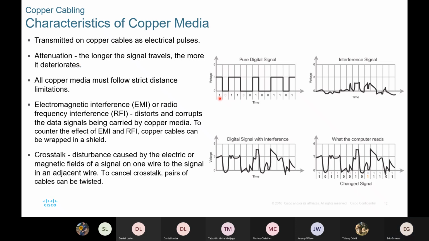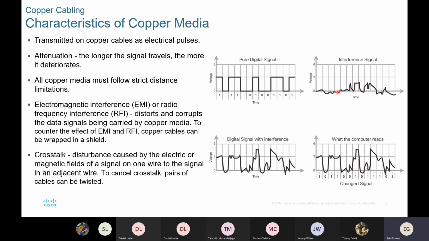So let's say that I want to transmit this series of 1 and 0, this series of bits. When I transmit it at the beginning, the signal is very clean. It is like that. Now, after some time traveling the media, the signal has a tendency to get weaker, to lose its sharp change between 0 and 1.